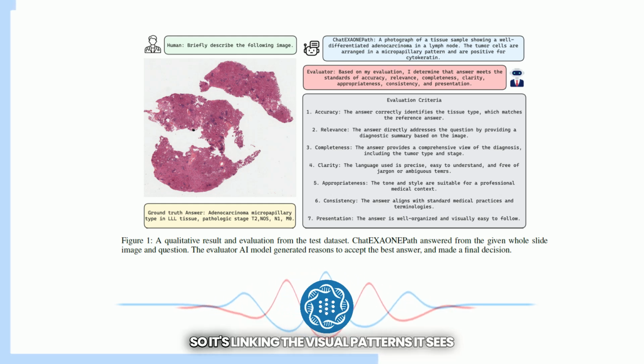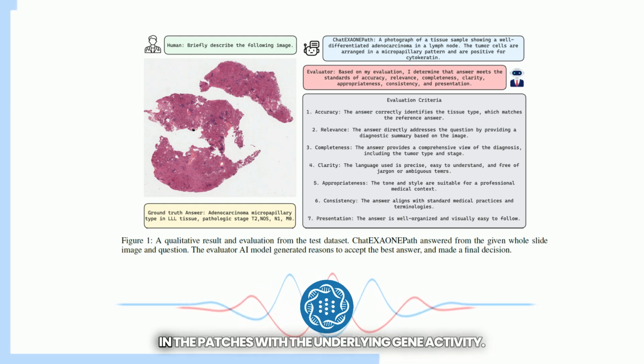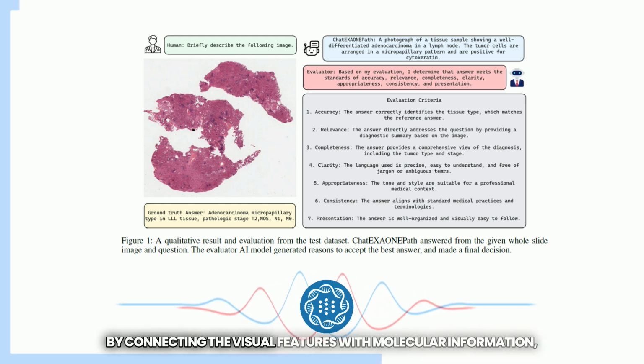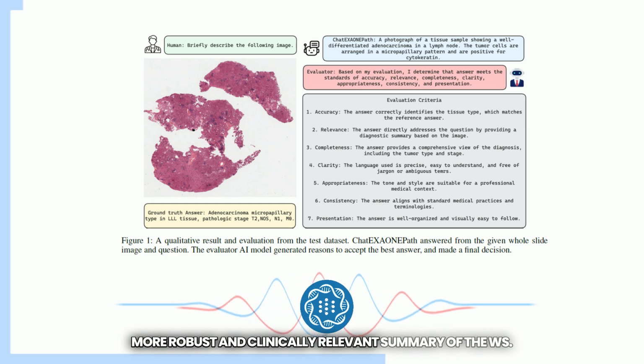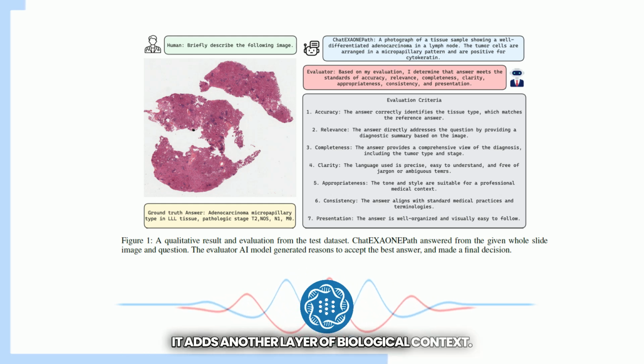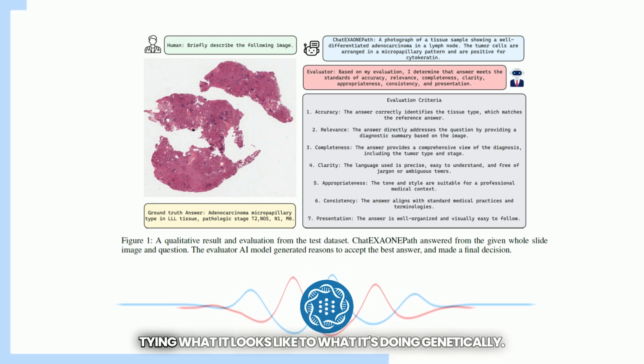Wow. So it's linking the visual patterns it sees in the patches with the underlying gene activity. That's the idea. By connecting the visual features with molecular information, the aggregator can potentially create an even more robust and clinically relevant summary of the WSI. It adds another layer of biological context. That's really clever, tying what it looks like to what it's doing genetically.